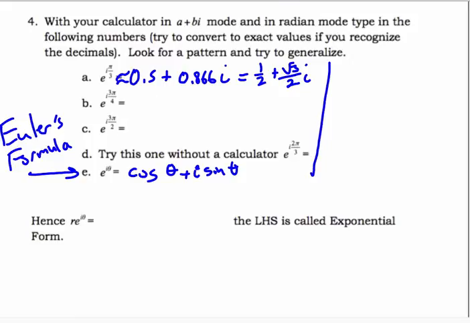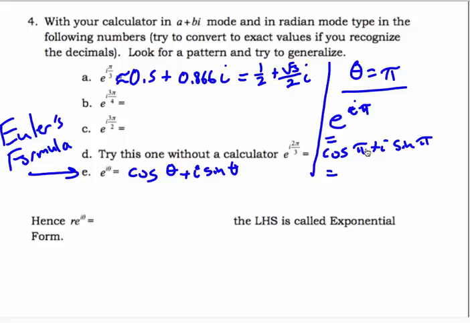So something interesting happens if you take Euler's formula and you substitute in the angle theta equals pi, then what you get is e to the power of i pi equals cosine pi plus i sine pi. Cosine of pi is negative 1, and this is i times 0, which equals negative 1.